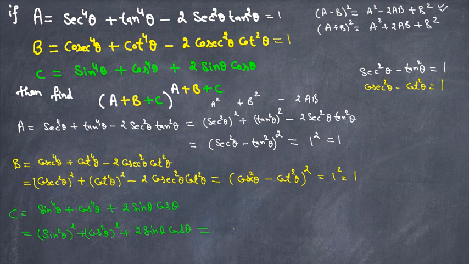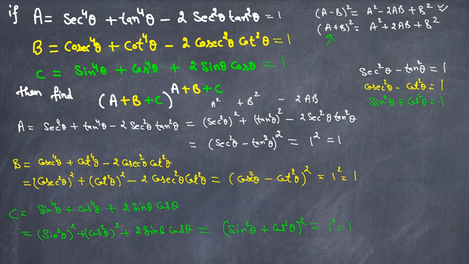So this can be written as sine square theta plus cosine square theta raised to power 2. So this is the identity, or the formula. And in trigonometry, sine square theta plus cosine square theta is equal to 1. So we got 1 square, which gives me just 1. So c is also equal to 1.